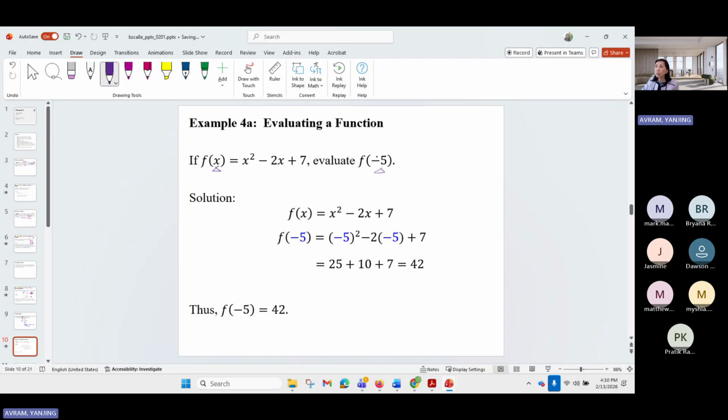So I want x equal to -5, so all the x's are going to be replaced by -5, and then you calculate this whole thing. The answer here will be 42. That means when x is equal to -5, y is 42. So that is what I mean by function notation here.